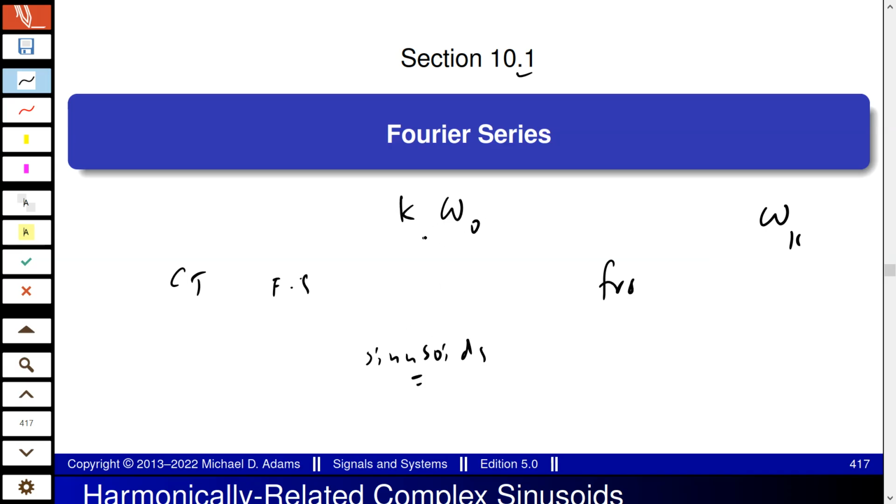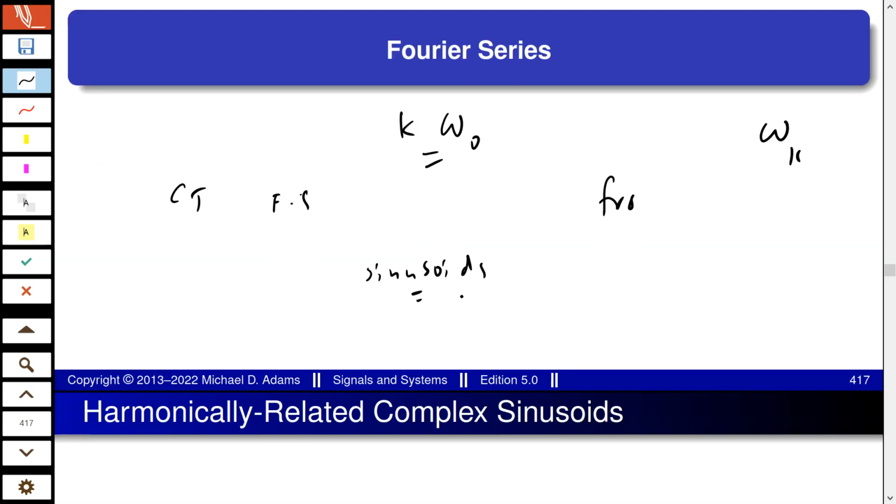Because otherwise the sum will not be periodic. You remember, the sum of two sinusoids is only periodic if the frequencies are related in a specific way. The ratio must be a rational number. So we need similar requirements here, right?